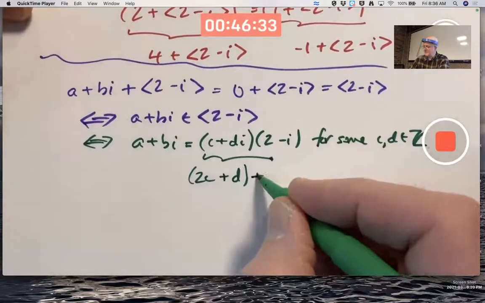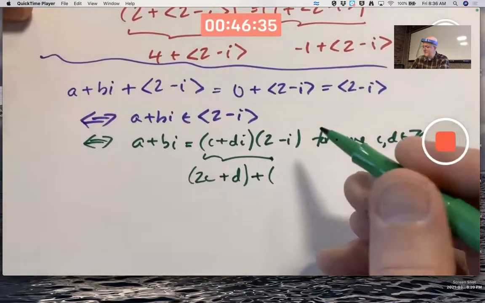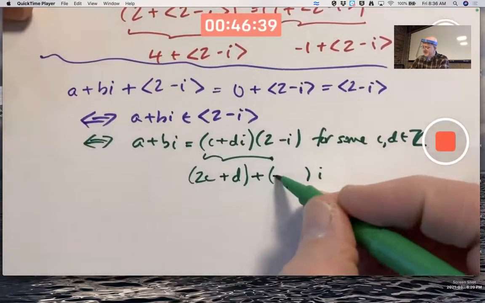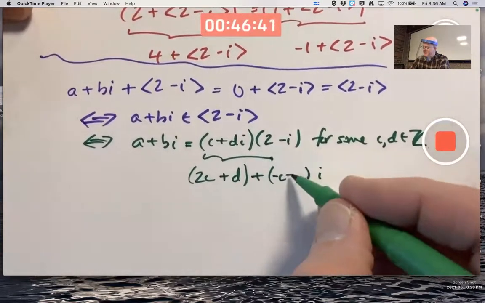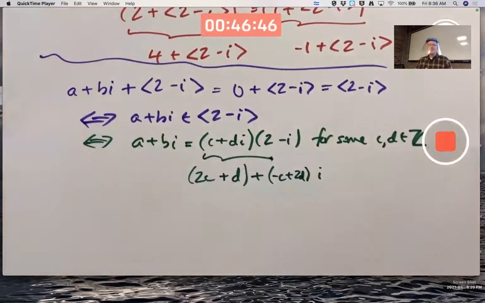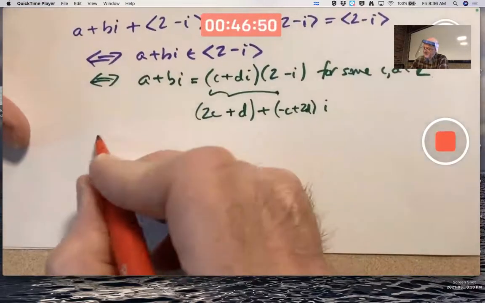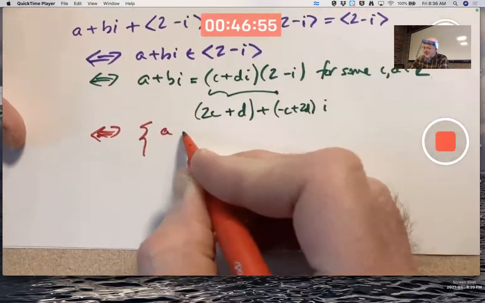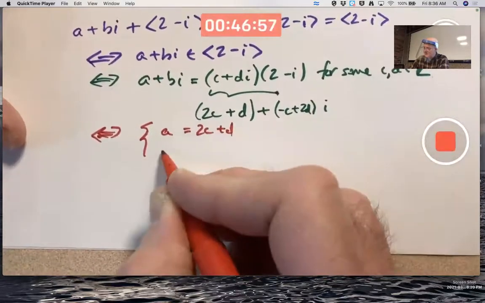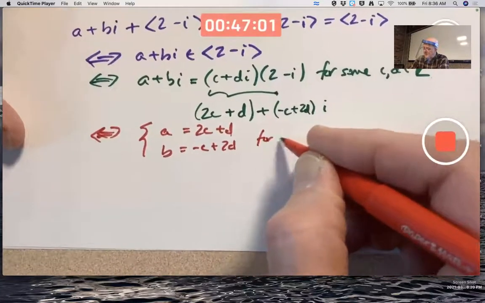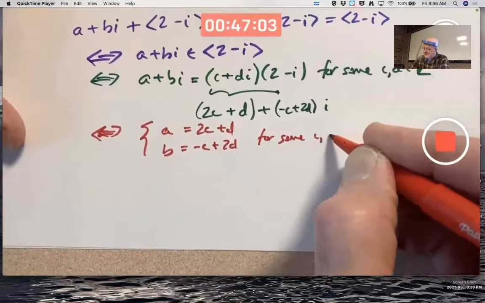And outside times outside and inside times inside both involve an i. Negative c times i and positive 2d times i. So this is equivalent to saying the following system of equations is true. a equals 2c plus d and b equals negative c plus 2d for some integers c and d.